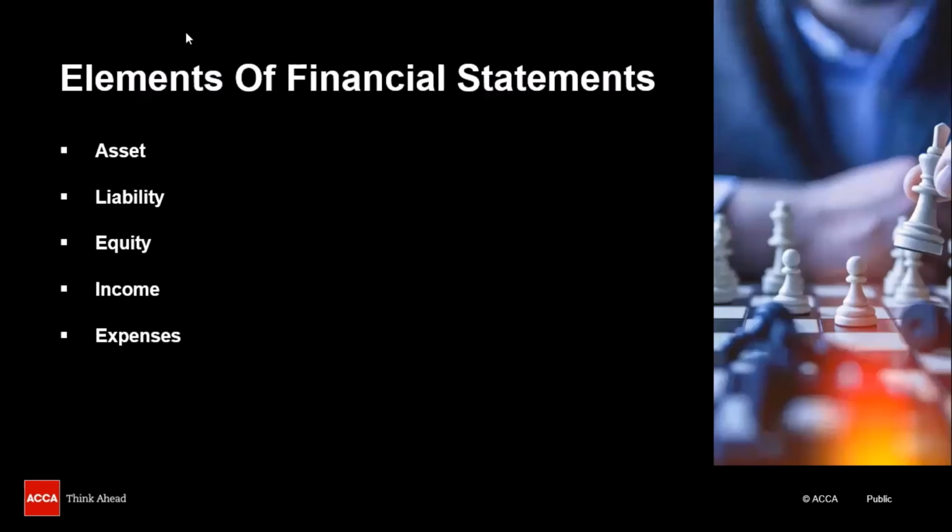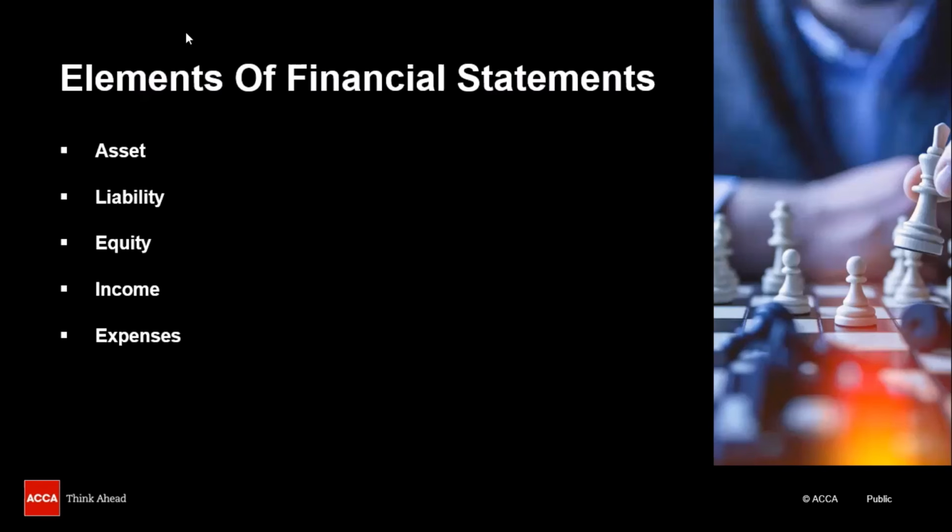Now, in case of assets, we have 2 different kinds of assets, but first let's see the definition of an asset. An asset is a present economic resource controlled by an entity as a result of a past event.